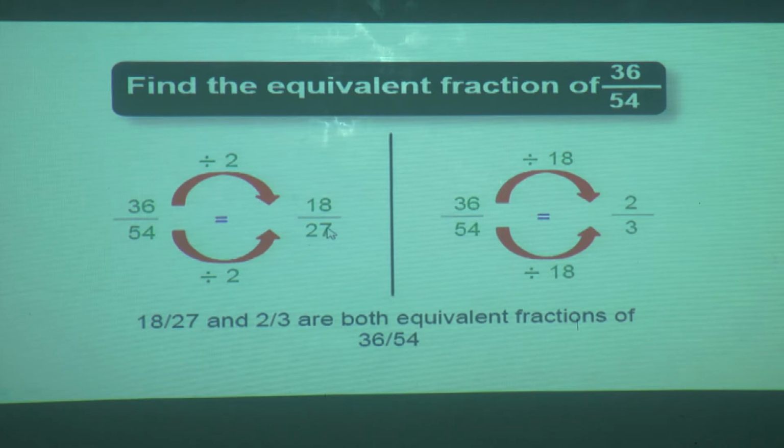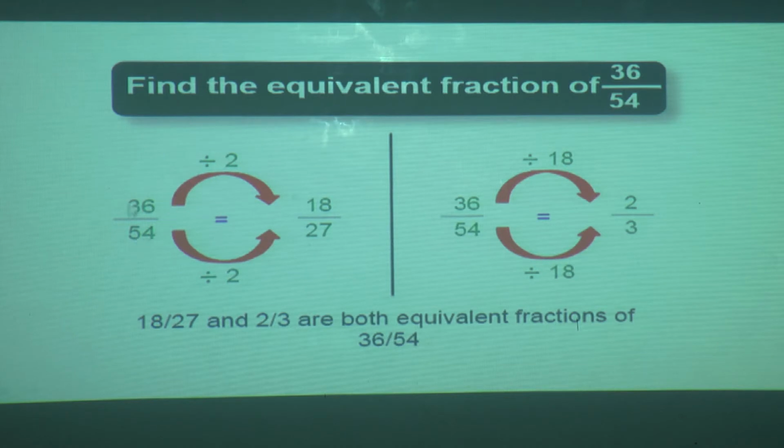So this fraction is equivalent to 36 upon 54, because it is vice versa. If you multiply this 18 by 2, you will again get 36. If you multiply 27 by 2, you will again get 54.